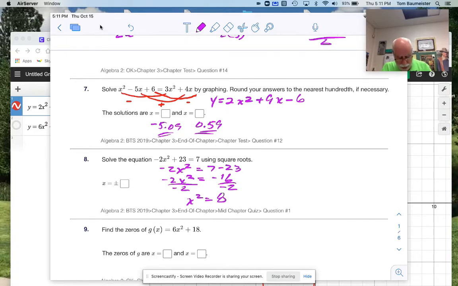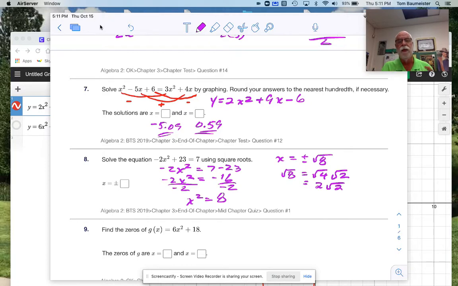So we know that x is going to be equal to plus or minus the square root of 8. Now, they're not going to accept that, ladies and gentlemen, because you can simplify that. Remember, the square root of 8, you can write down as the square root of 4 times the square root of 2. You know that the square root of 4 is the whole number 2.